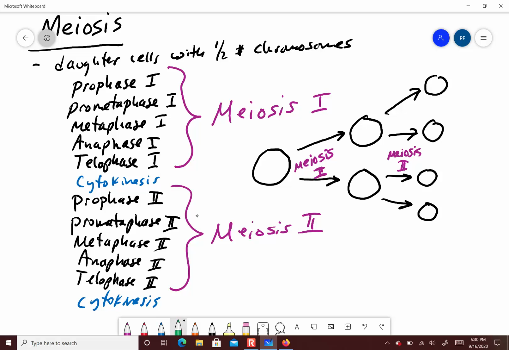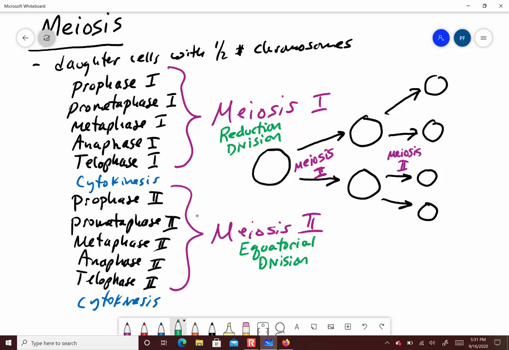So meiosis 1 is called reduction division. And meiosis 2 is called equatorial division. Right, so we've got two divisions, meiosis 1, meiosis 2. One's reduction, one's equatorial. So one reduces, one remains equal.